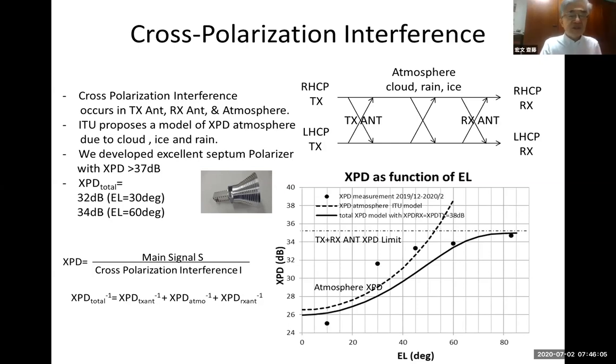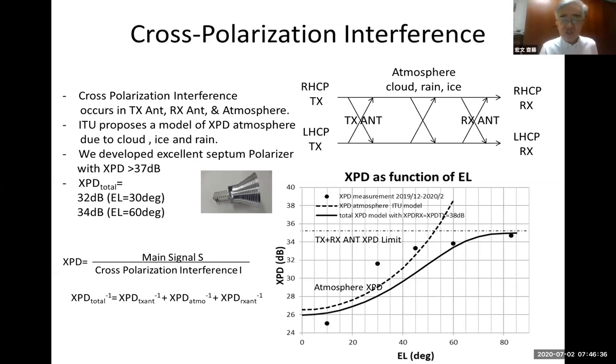And concerning the antenna polarization XPD, we have developed an excellent septum type polarizer for the onboard and ground antenna, which has very high XPD polarization discrimination, higher than 37 decibel. This picture shows the onboard antenna with this polarizer.